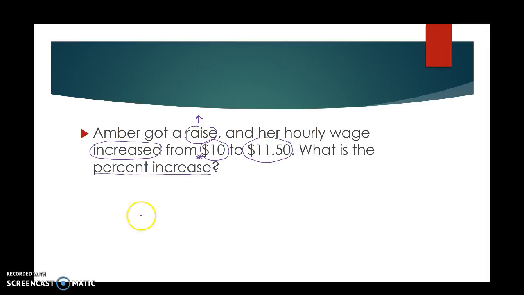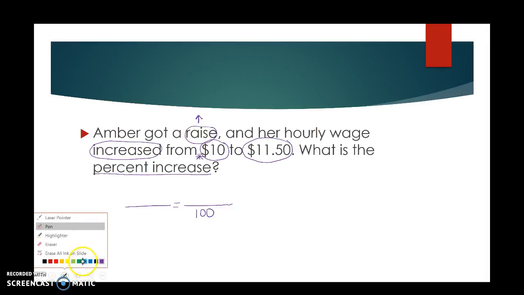So we know on these percent problems we want to write out our proportion. And I'm going to put 100 here. Then using my problem, it says, what is the percent increase? I don't know my percent, so I'm going to put an X there. And then it says 10 to 11.50.